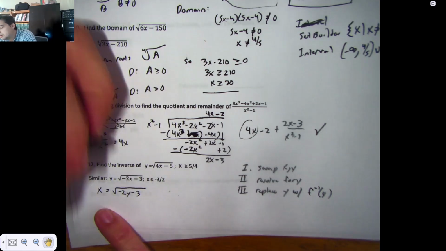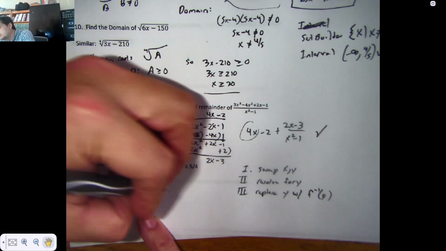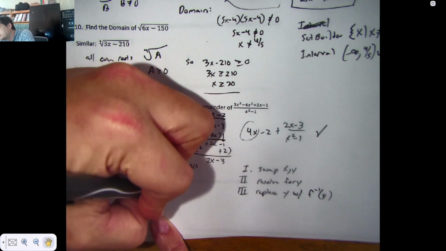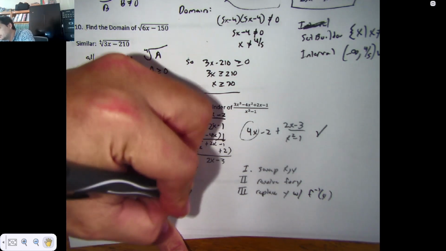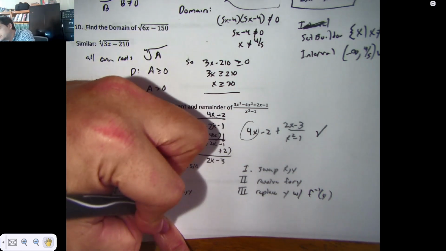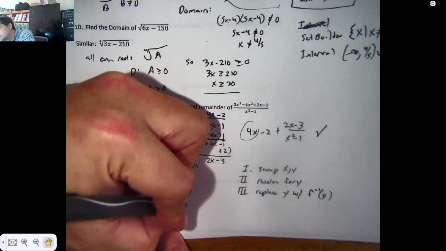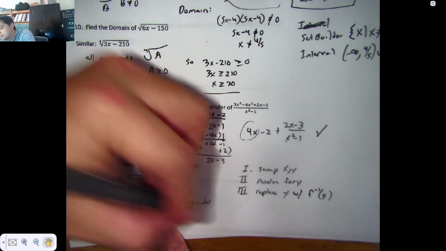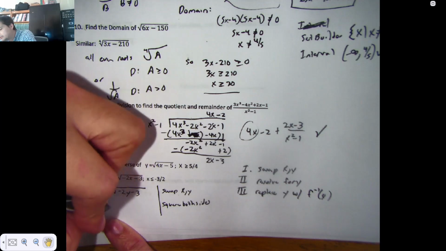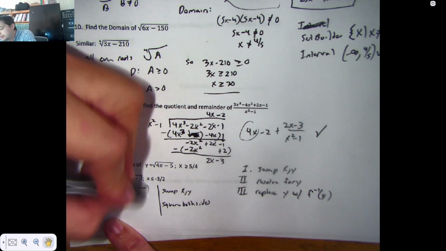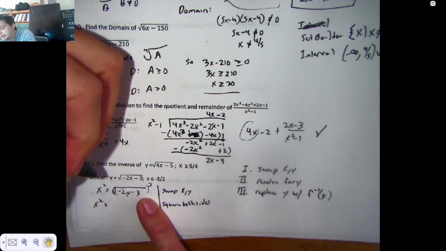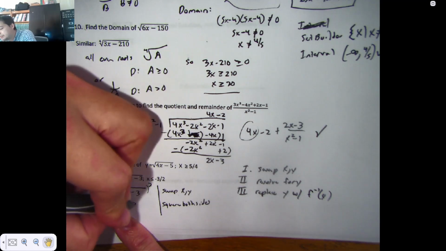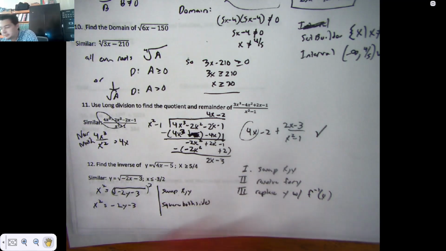Anyway, it's time to resolve. Step 2. Okay, so let me write down what I did. I swapped x and y. Step 2 is to square both sides, because I want to counteract that square root. So if I square the right-hand side, I get the contents inside, because a square cancels out a square root.